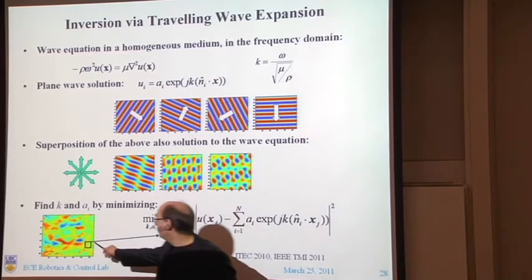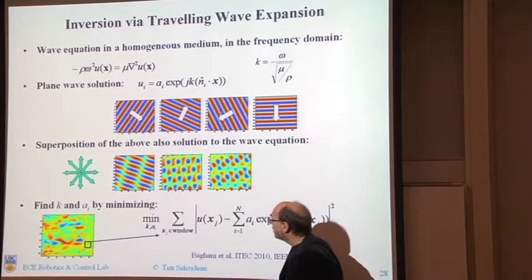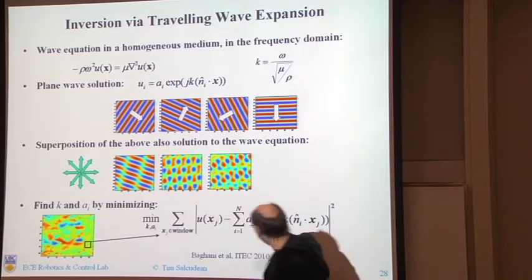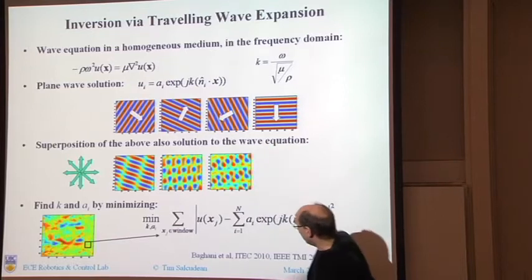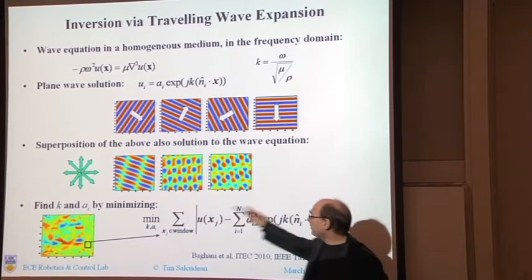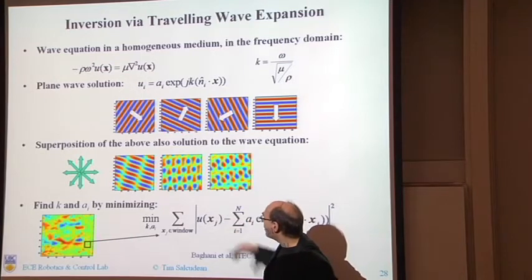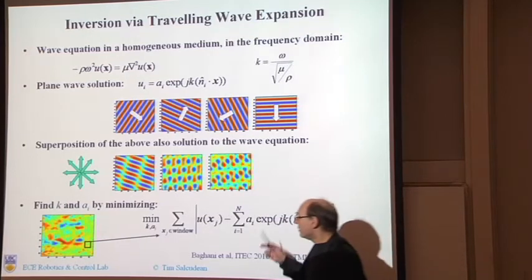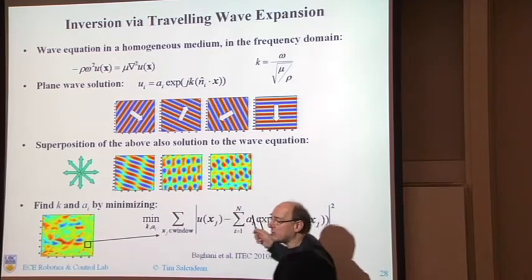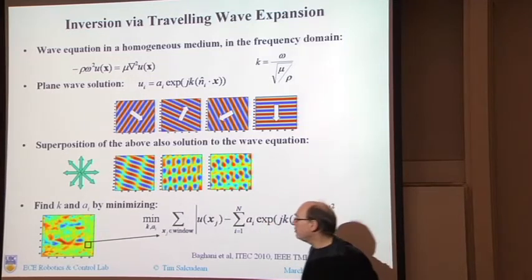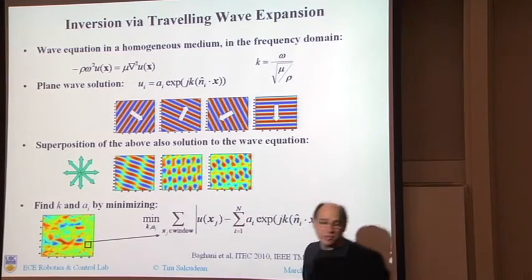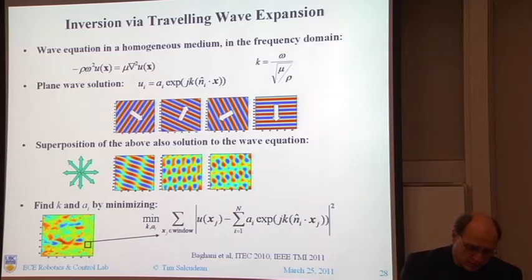Take a tissue region, and over that region, minimize over k and the weights of each of the plane waves that make up this expansion, the error between the observed and the predicted displacements. This actually turns out to be a linear problem in the parameters a_i, and it becomes a single parameter search over k. So we can compute this reasonably fast.